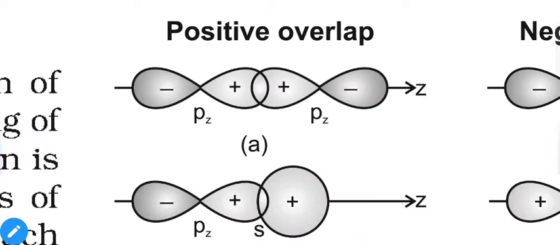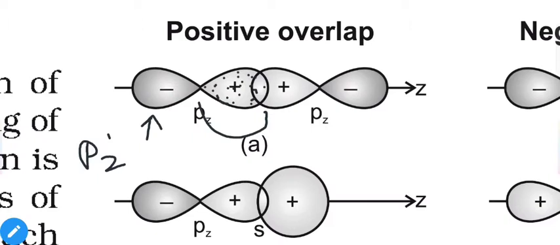So if we assume this atom's pz orbital contains one electron, this electron will most probably be somewhere in this lobe. The probability of finding the electron will be high on this positive side and low or zero on this negative side.